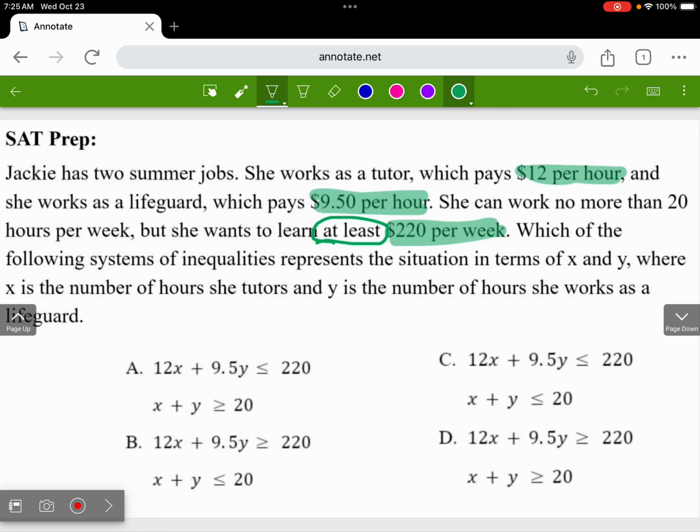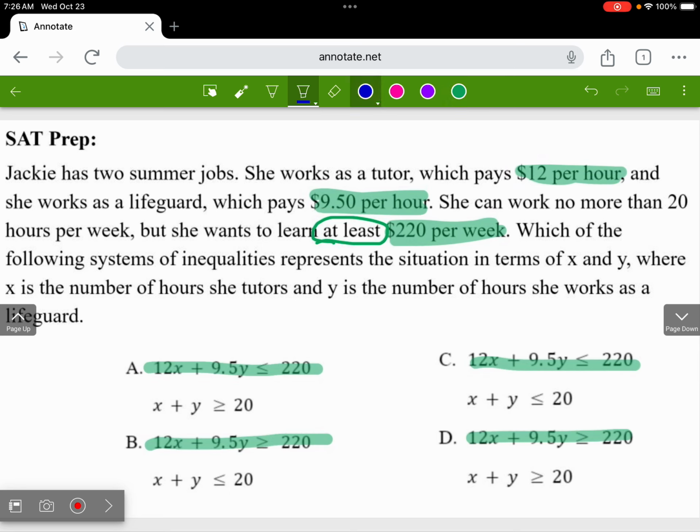More. So looking at our equations that have the money, so it's the ones that have the 220, which of these options have her earning more than or equal to the 220? So remember, the crocodile eats the bigger one.